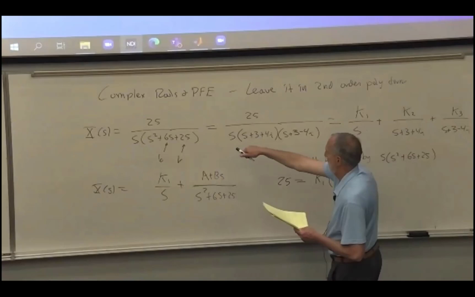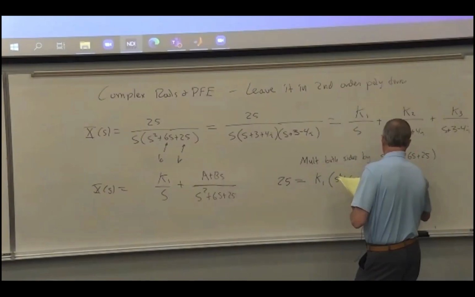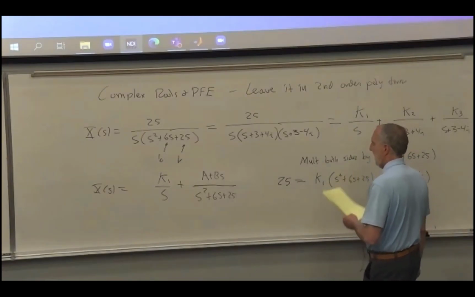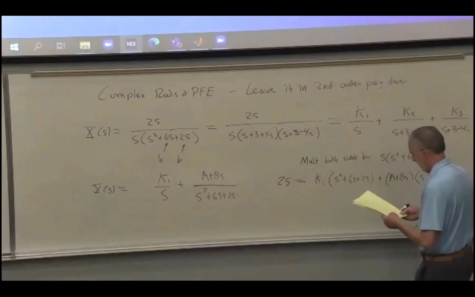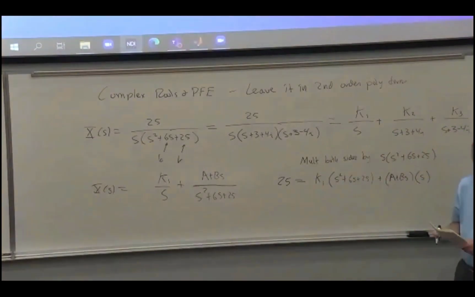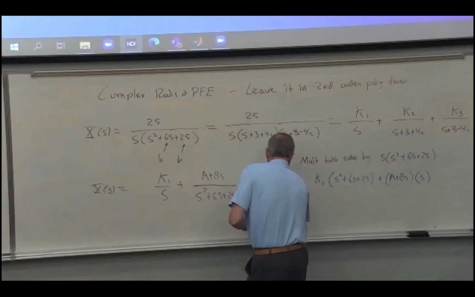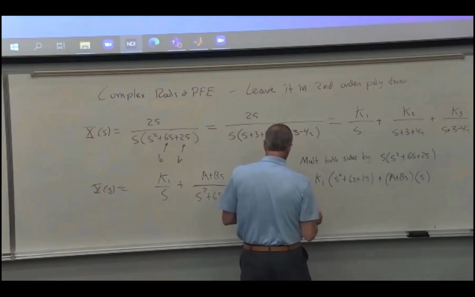We're looking at that there, and then we're going to get (a plus bs) times s, because the other stuff gets knocked out. Following? Just multiply and cancel stuff out. And we have to get all our powers of s together here.